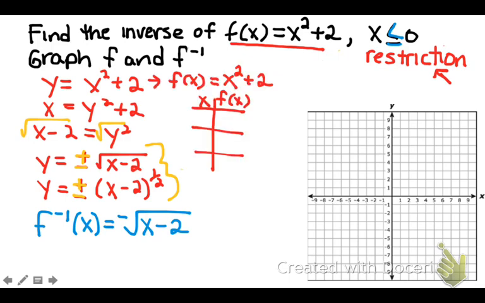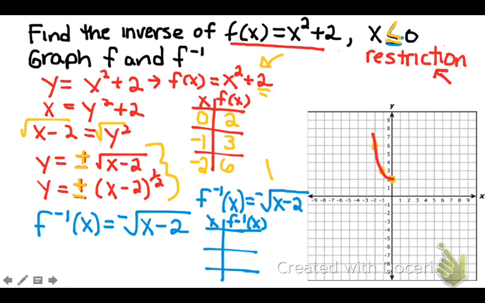We're working with our original function first, and it says x is less than or equal to 0, so we'll put in a 0. 0 squared plus 2 is going to be 2. If I put in a negative 1, negative 1 times negative 1 is 1, and 1 plus 2 is 3. And if I put in a negative 2, negative 2 times negative 2 is a positive 4, and 4 plus 2 is 6. So now I'm going to plot those 3 ordered pairs.